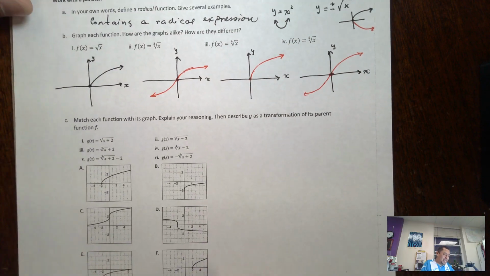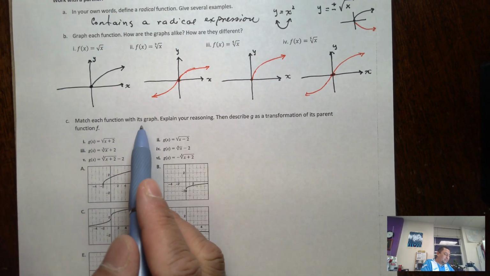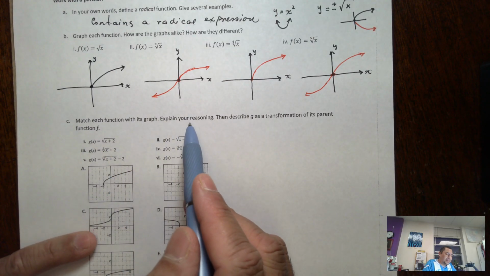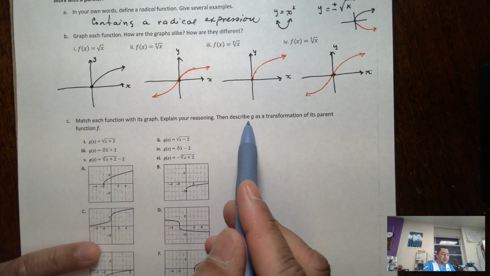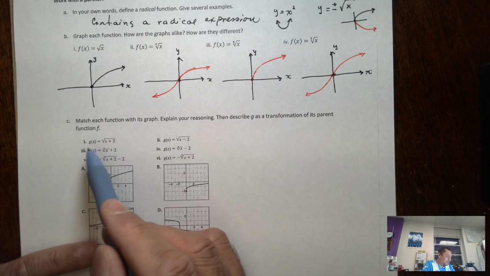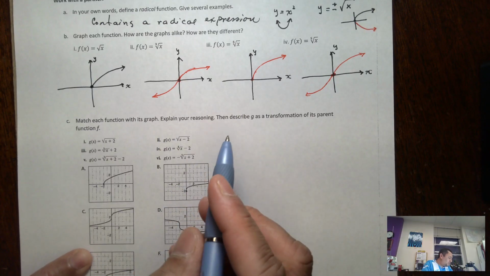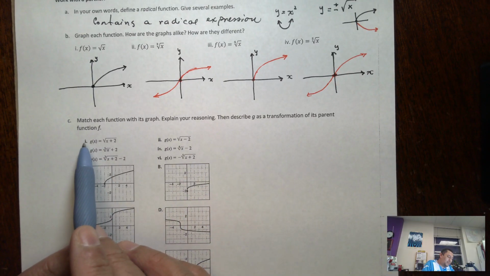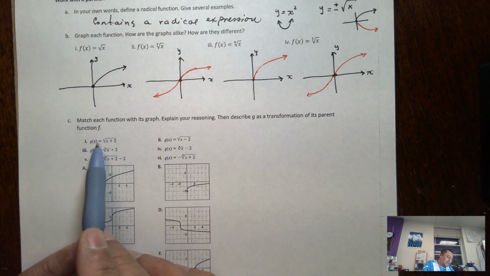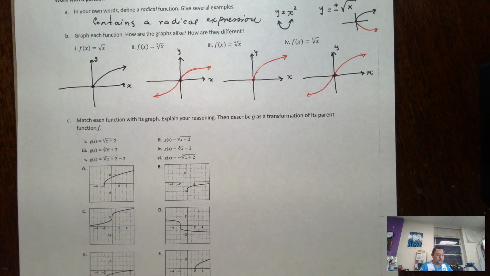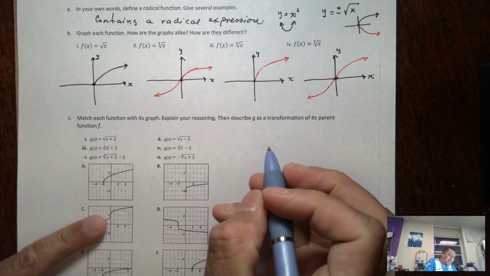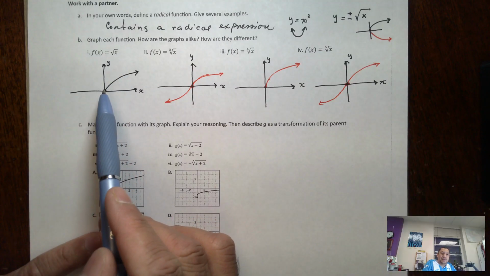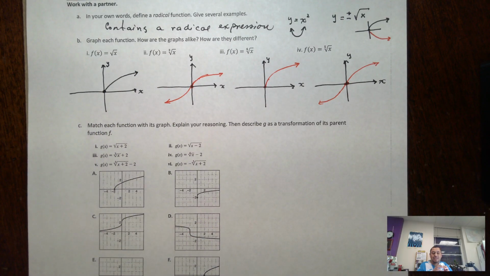So we have C, match each function with its graph, explaining your reasoning. Then describe g as a transformation of its parent function. The first function, I have square root of x plus 2. Square root of x plus 2 is similar to the square root of x, but it's going to be translated 2 units to the left.